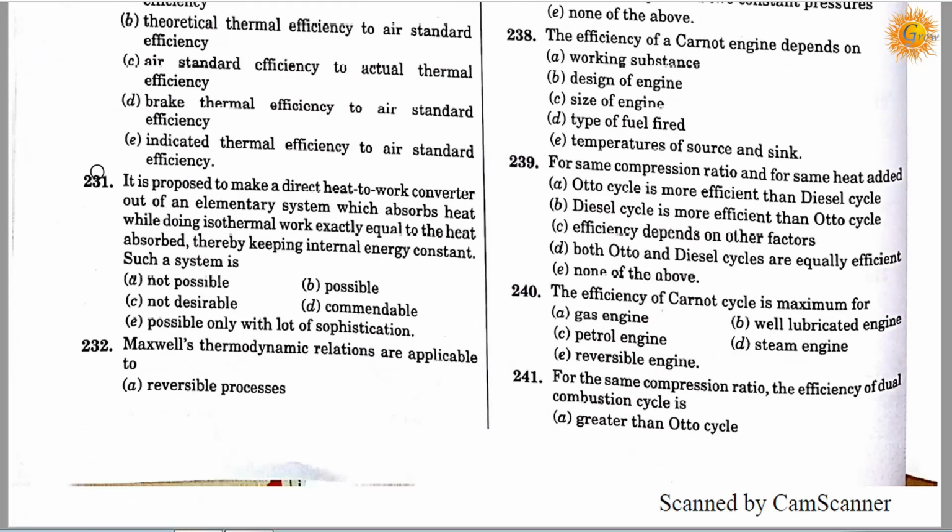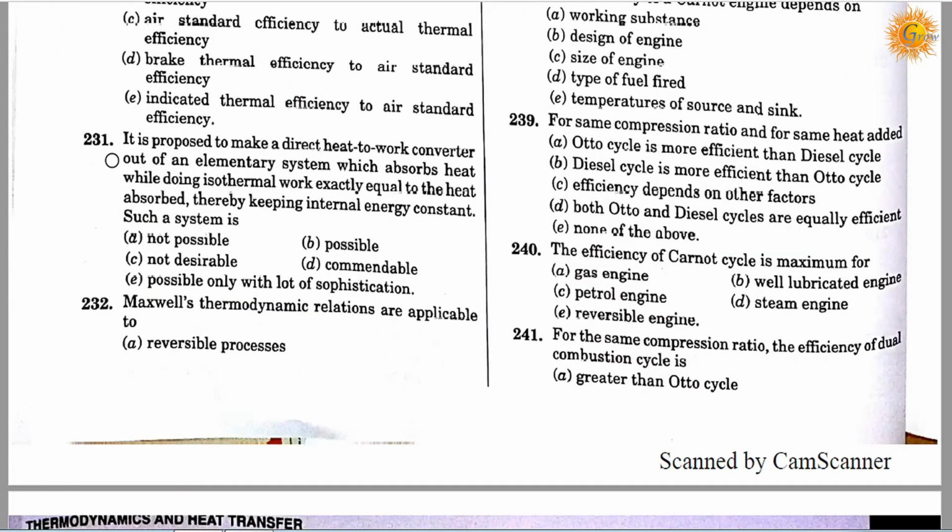Question number 231. It is proposed to make a direct heat to work converter out of an elementary system which absorbs heat while doing isothermal work exactly equal to the heat absorbed, thereby keeping internal energy constant.